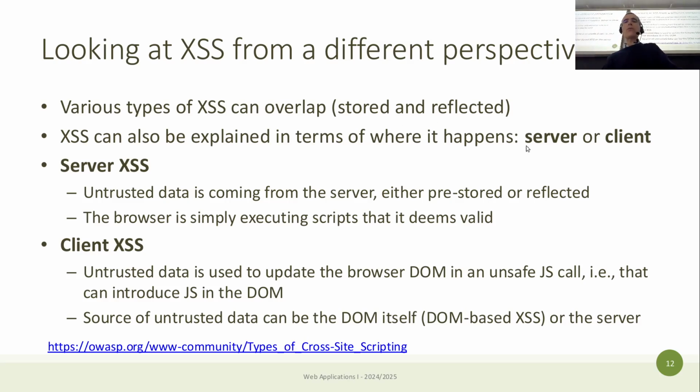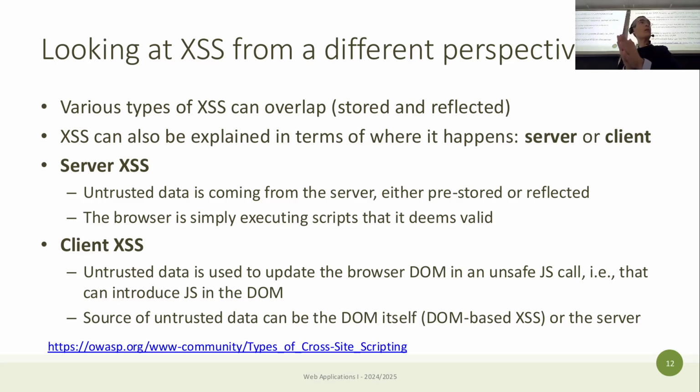But one of the simplest ways to classify the attacks is by server behavior. It's something that is coming from the server, like we saw with injection through a link, or something that has already been stored.